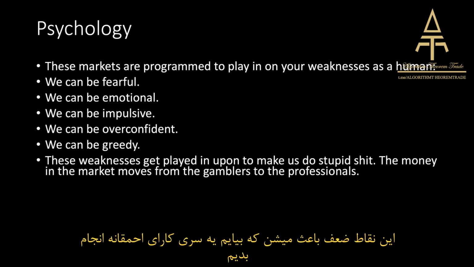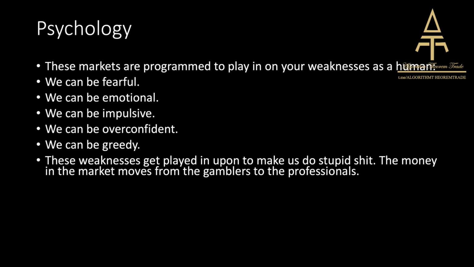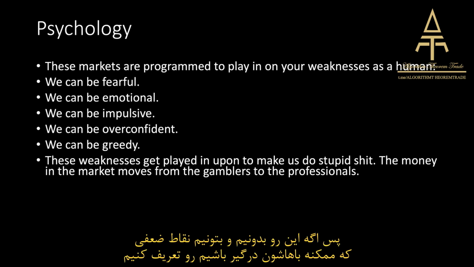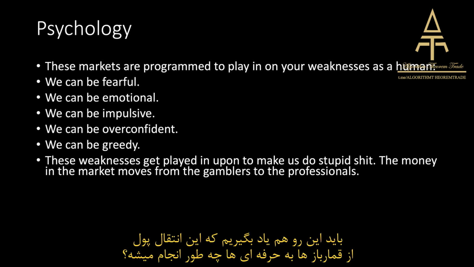These weaknesses get played in upon to make us do stupid shit. The money in the market moves from the gamblers to the professionals. So if we have now defined what weaknesses are out there that we could be struggling with, we must learn how this money transfer from the gamblers to the professionals occurs.